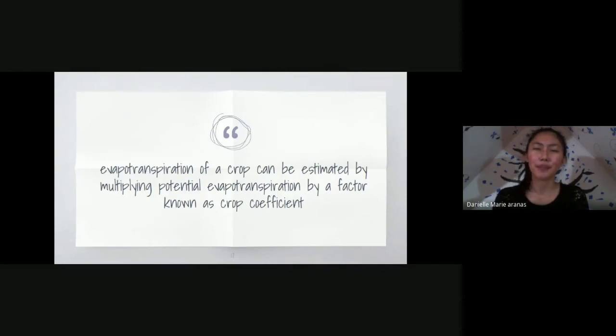Evapotranspiration of crop can be estimated by multiplying potential evapotranspiration by a factor known as crop coefficient. So potential evapotranspiration can be computed by one of the several methods available for the purpose.